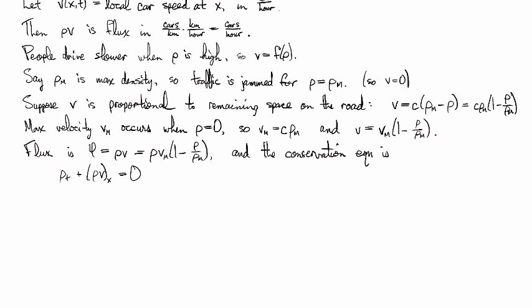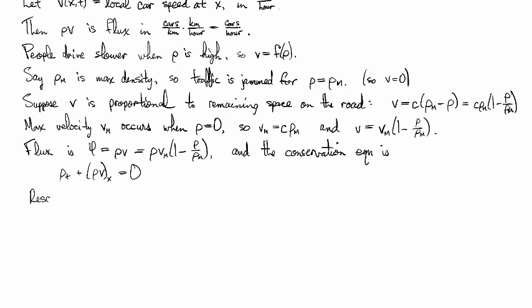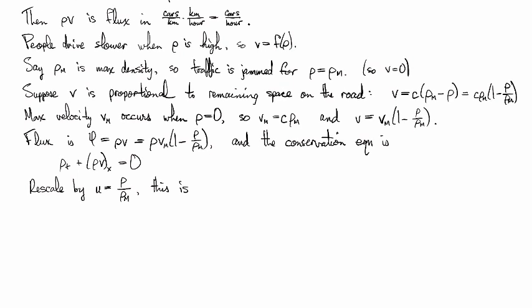Okay, so if we rescale a bit by saying let's take u to be the renormalized density, just as a pure fraction, a number between 0 and 1, then this conservation equation becomes u_t plus Vmax times the space derivative of u(1 minus u).